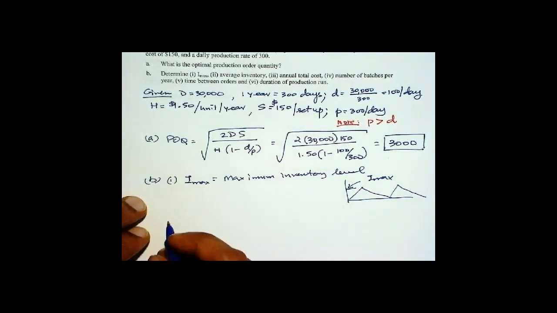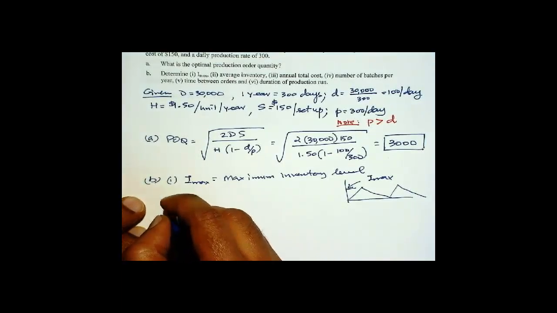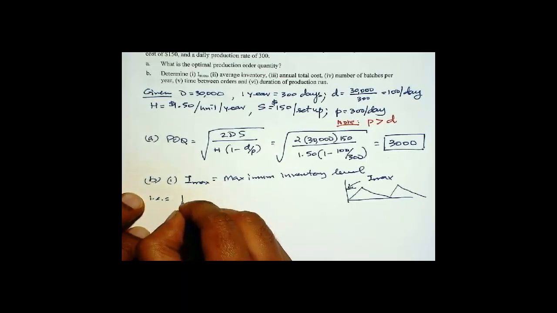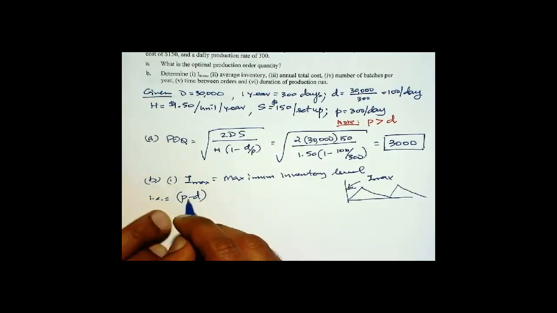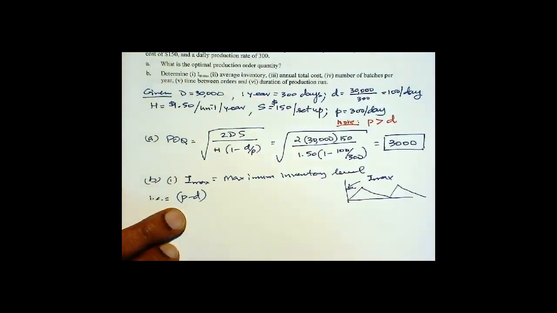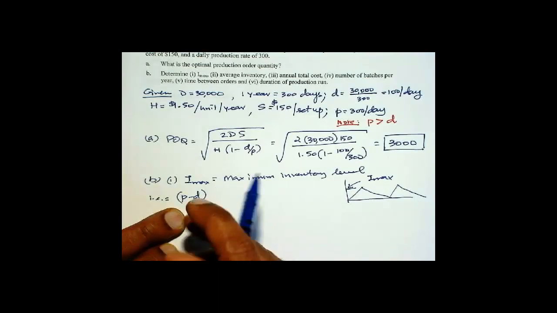So that is given by P minus D. That is the rate at which inventory will go up. P is the production rate, the rate at which inventory is coming in. D is the rate at which inventory is going out.